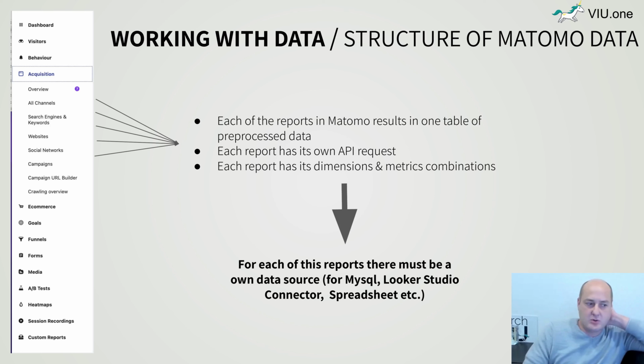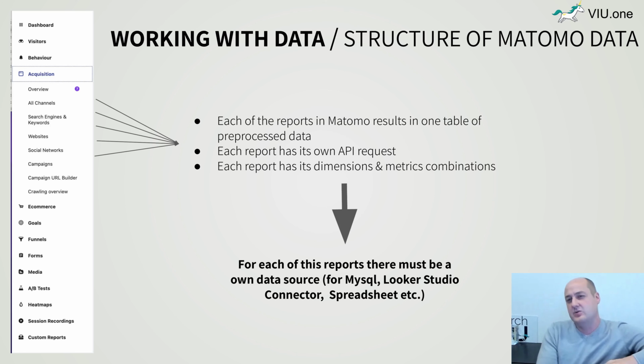Matomo data is structured in such a way that mostly each of these reports has its own table in the database with pre-processed data, so the data can be loaded fast. MySQL is not an analytics database, so this pre-processing is needed.